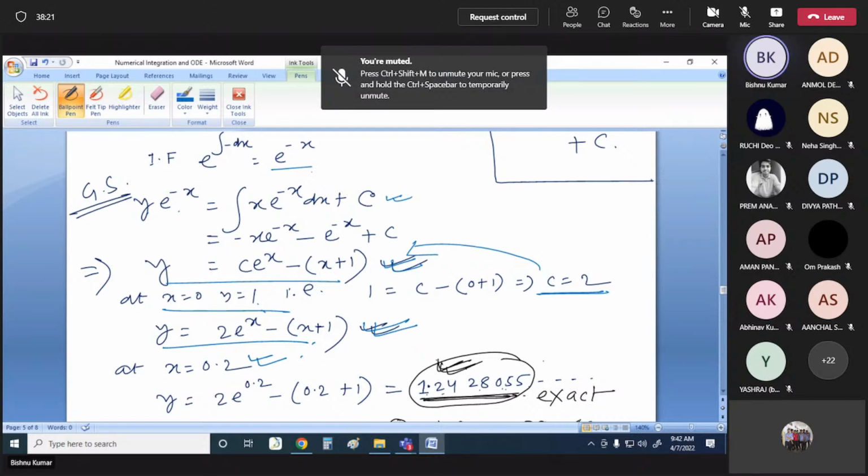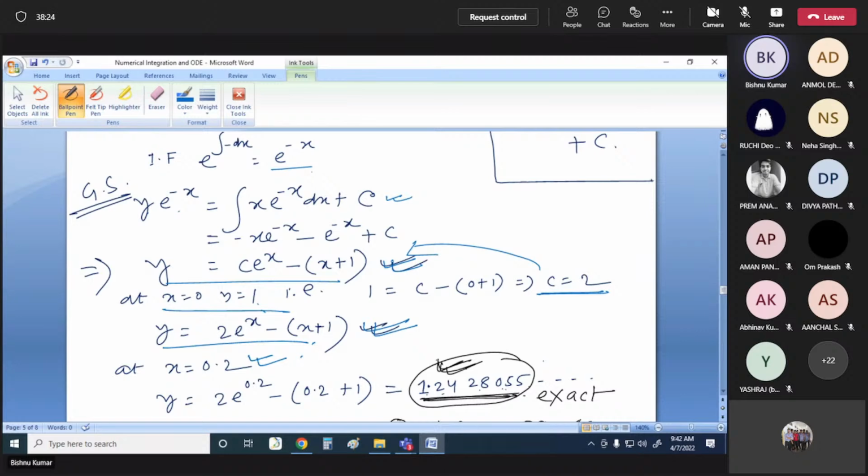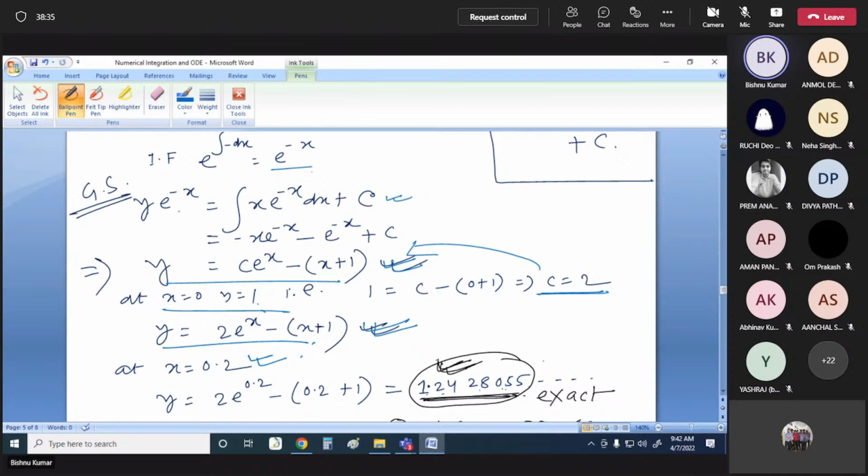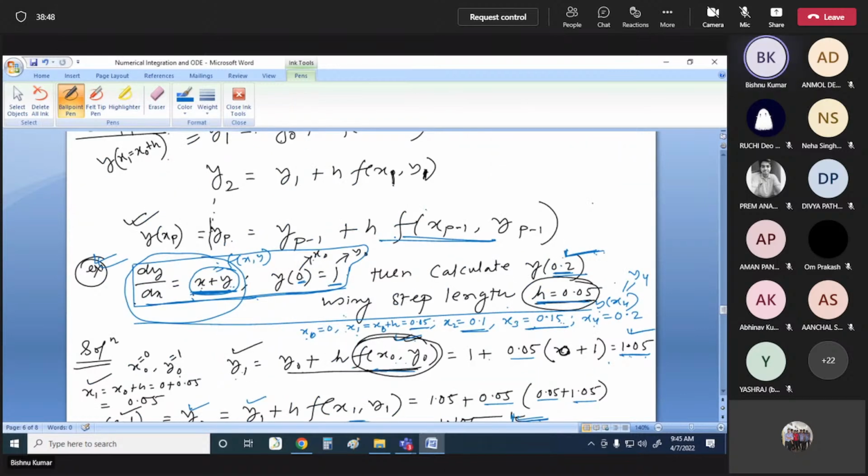Yes, sir. In that way, our recurrence relation keeps continuing. You just see, I have written k. So y_n equals y_(n-1) plus k, where k is this. The k calculation is simply one term.